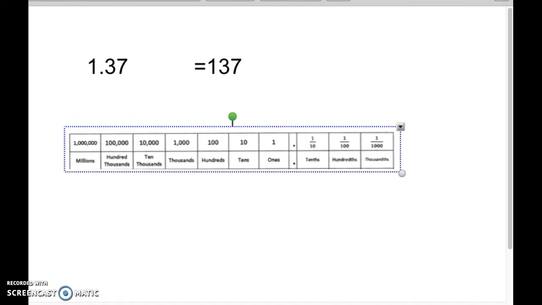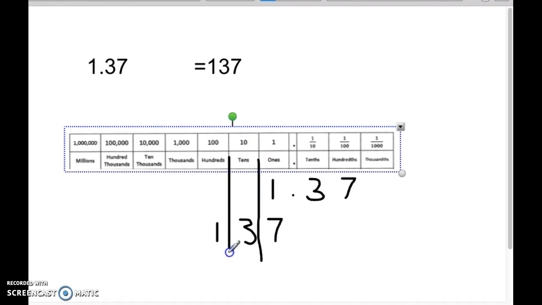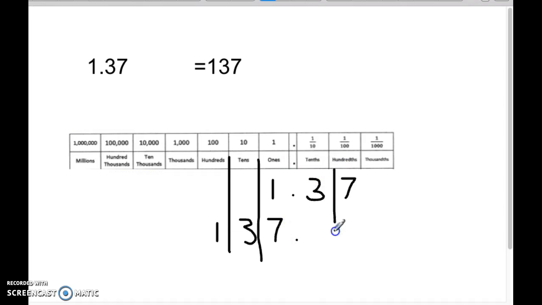When I start, 1.37 is in the ones, the tenths, and the hundredths place. And when I'm finished, I'd have 137. I'm going to extend my lines in my place value chart so it makes it a little easier to see this. Decimal points there, tenths and hundredths.